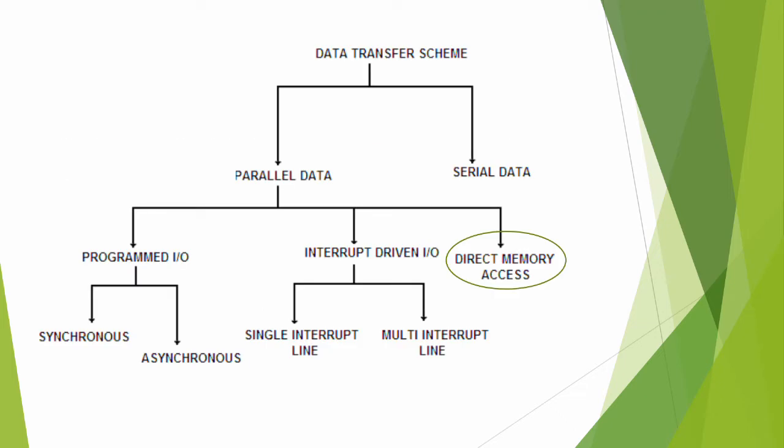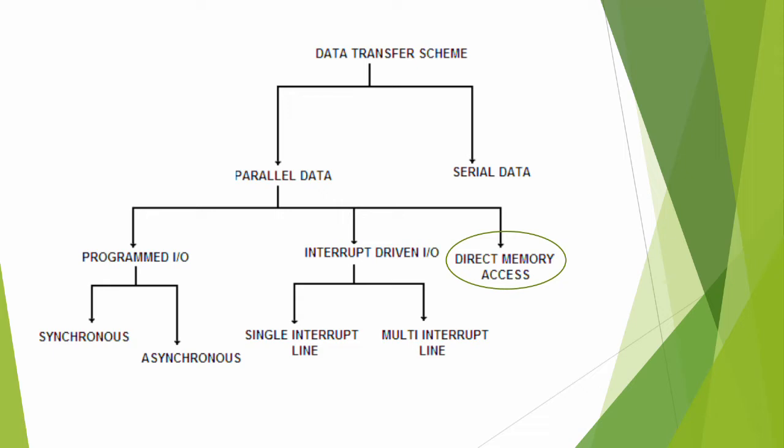There are various data transfer schemes, and among these schemes we have parallel data transfer. The advantage of parallel data transfer over serial data transfer is that data is transferred quickly, but it can be transferred only at small distances.